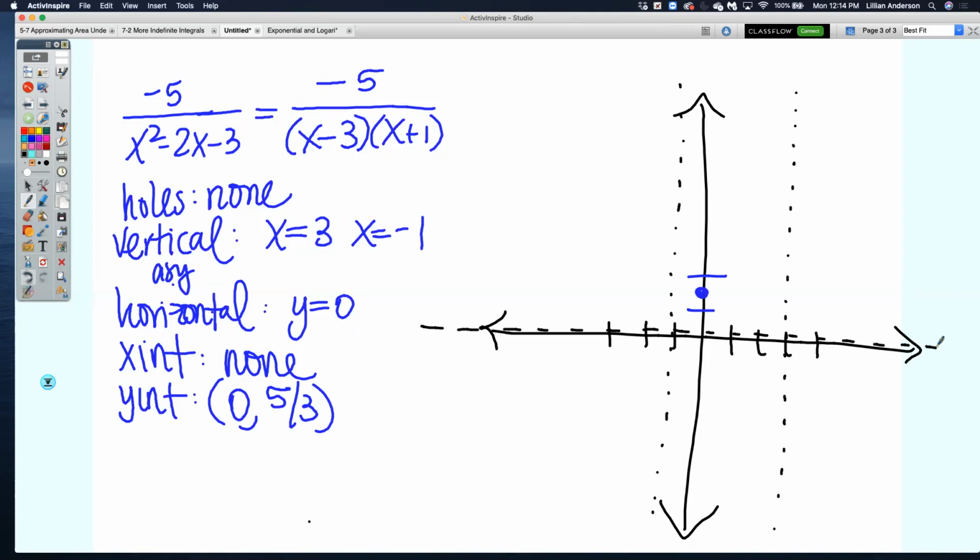And since I do not have any x-intercepts, this piece that's in the middle is going to look like another parabola. Because the only way that this would actually curve to maybe look like a cubic function is if I had an x-intercept somewhere in between -1 and 3, which will cause the graph to cross over it. But since I don't, it's not going to.